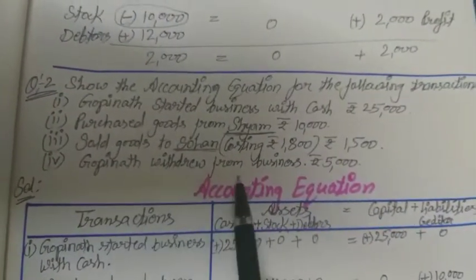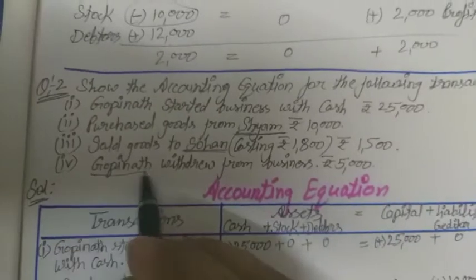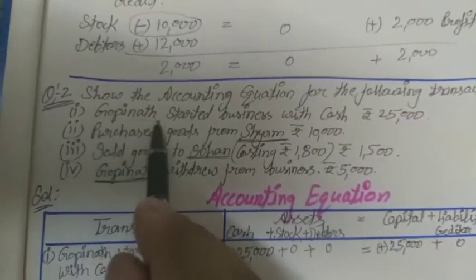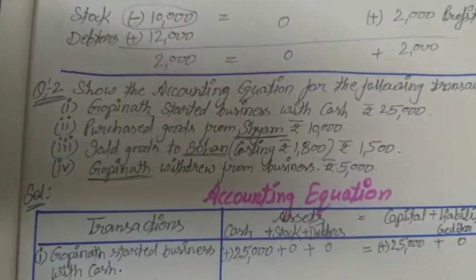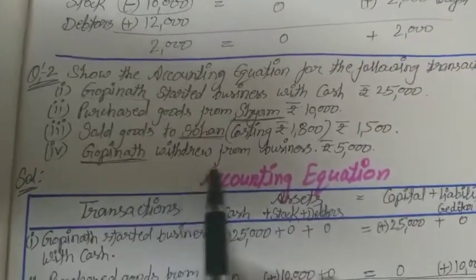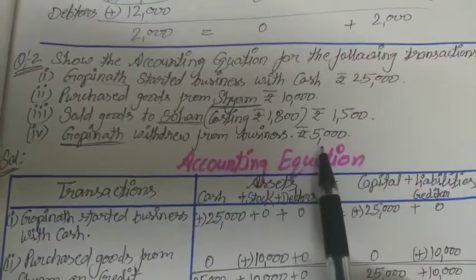Gopinath withdraws from business. Who is Gopinath? Gopinath is the owner. Gopinath started the business. Gopinath withdraws from business rupees 5,000.